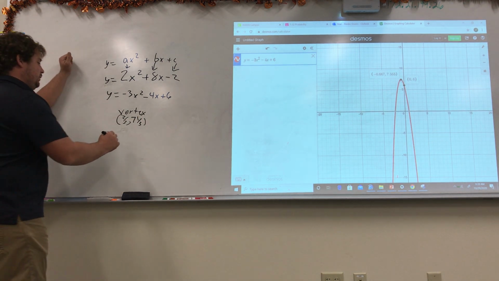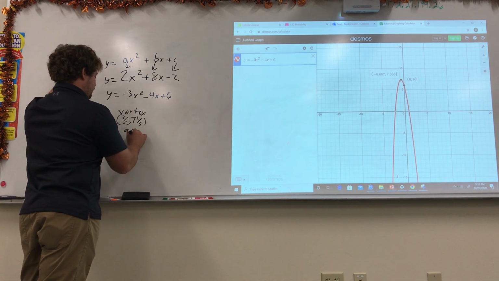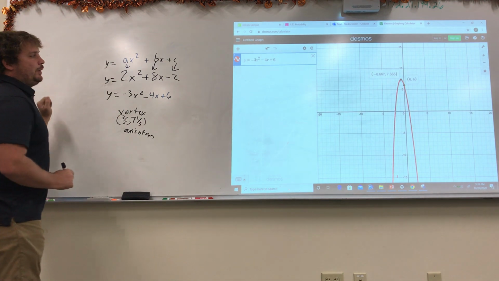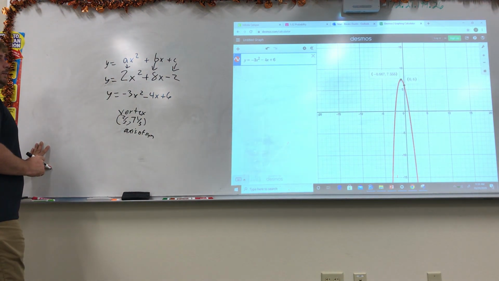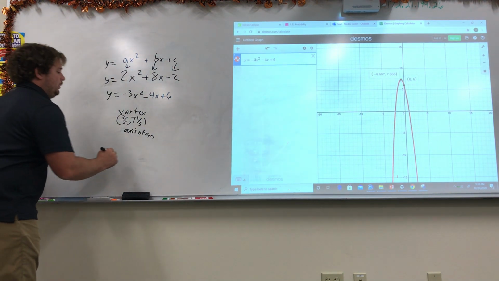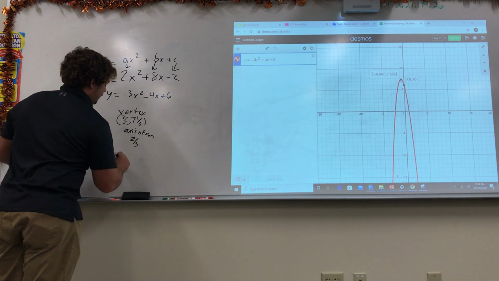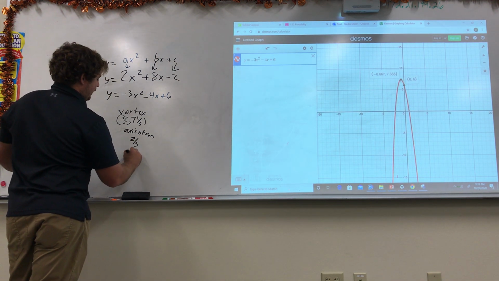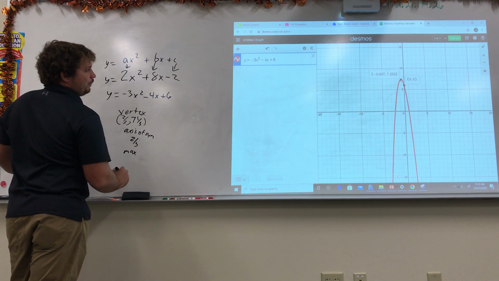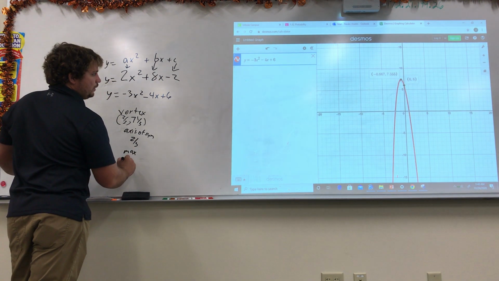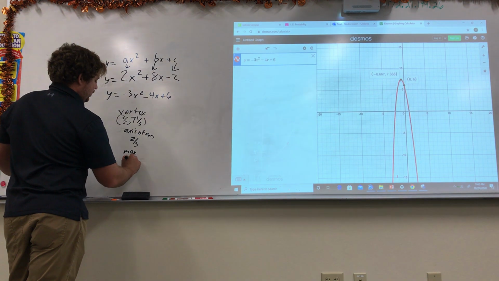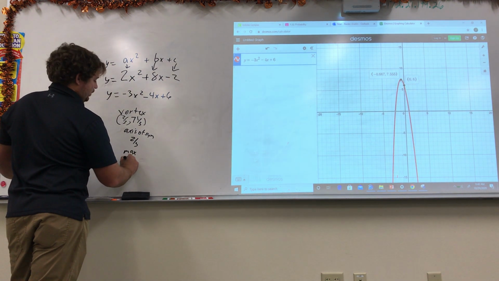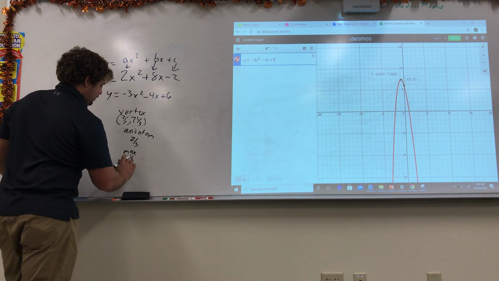Now, my axis of symmetry is going to be the x value in my vertex, so it's going to be 2/3. Is it a minimum or a maximum? It's going to be a max because it's facing down. Max at 7 1/3.